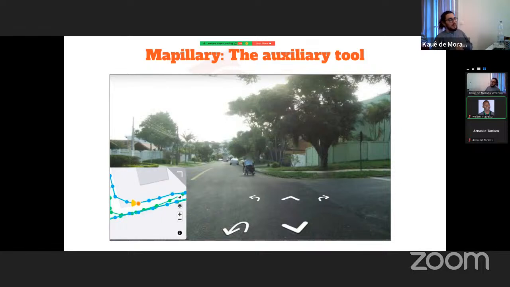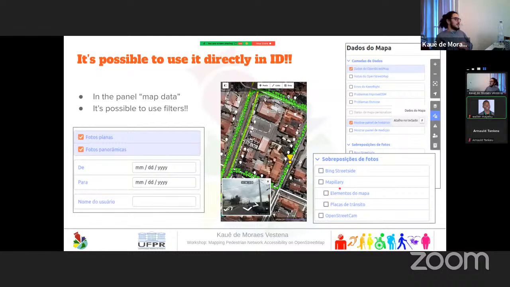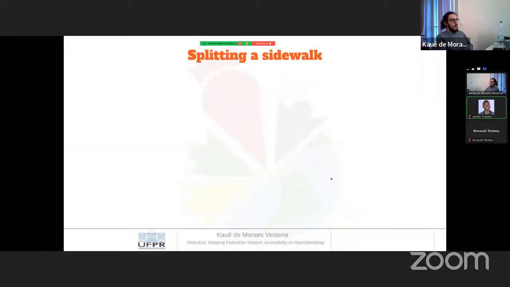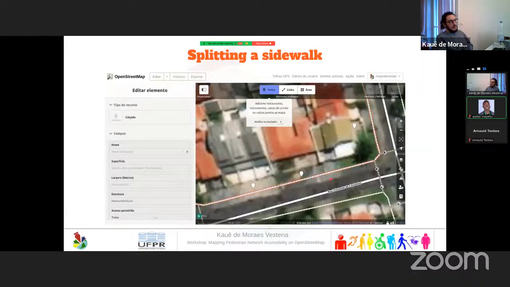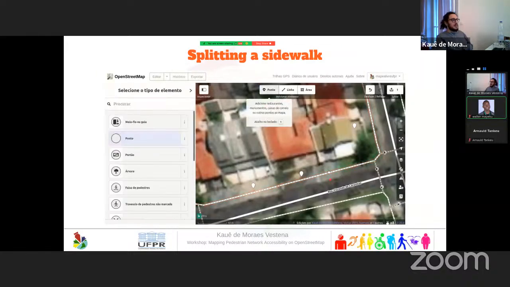Currently, we have no means to measure the width directly from the images, but maybe at some point we would be able to. It's possible to use the Mapillary imagery directly in the iD editor, okay? And sometimes you may have to split a sidewalk to then put changing parameters there, okay?